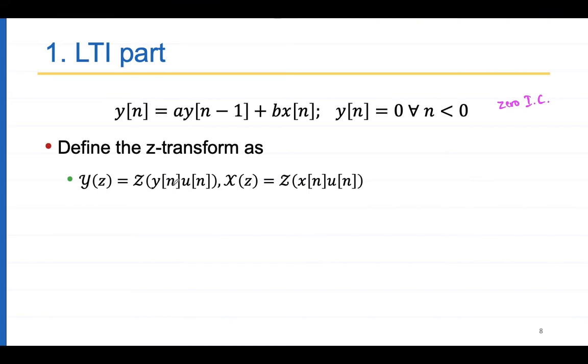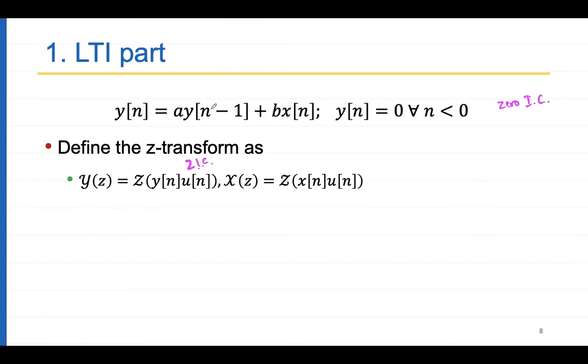I'm saying that my y[n] is 0 for all n less than 0, because of the zero initial conditions. Similarly, my X(z) is defined as the z transform of x[n]u[n]. I've already defined that x[n] is 0 for all n less than 0. Note this slightly different notation, in which the transform is not of y[n] but of y[n]u[n].